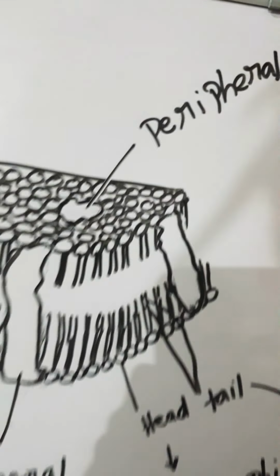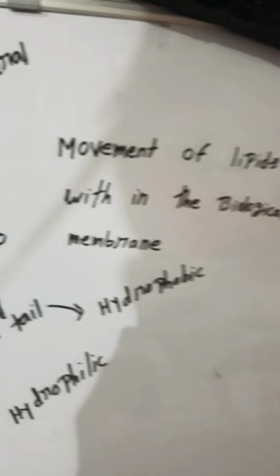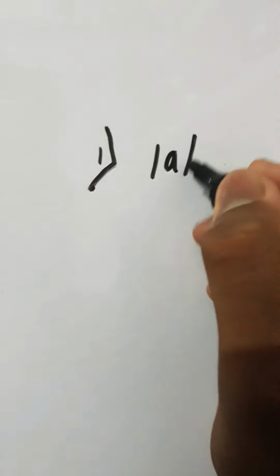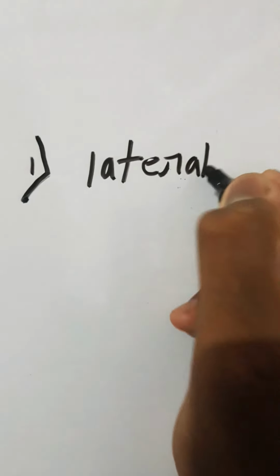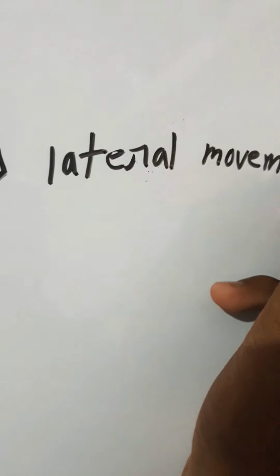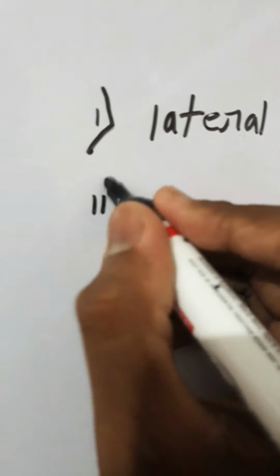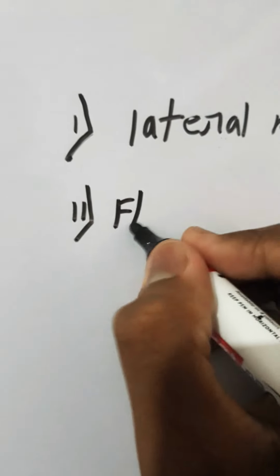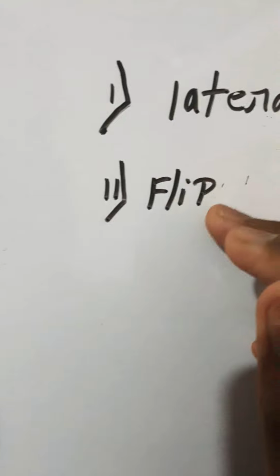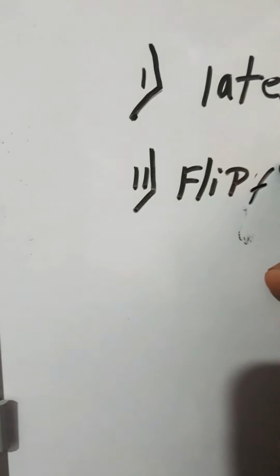protein. So there are actually four types of movements in lipids. Number one is the lateral movement. Second is the flip-flop movement.